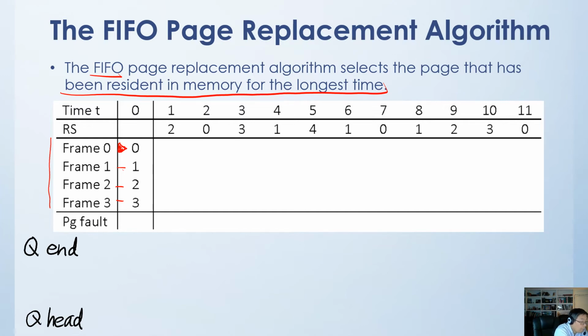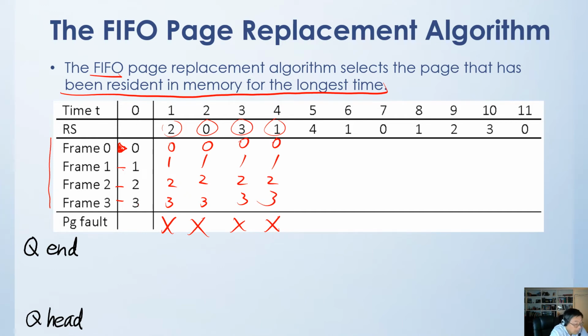For the first 4 page references, pages 2, 0, 3, 1 are all in the physical memory, so there's no difference between FIFO and optimal. If it's already in the memory, there's no page fault. Now things start to change when page 4 is referenced, because page 4 is not in the physical memory.